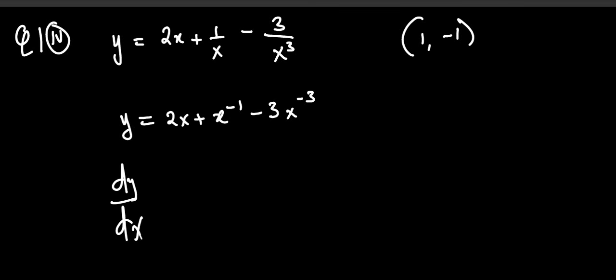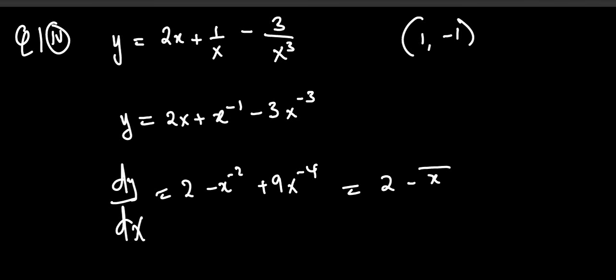So dy/dx is the same as 2 minus x to the power negative 2. This is plus a 9 x to the power negative 4. This is the same as 2 minus 1 over x squared, and plus a 9 over x to the power 4. We put a 1 wherever there is x.